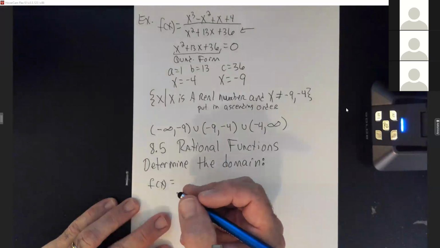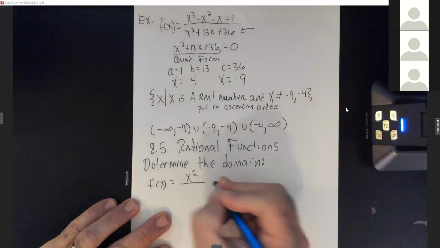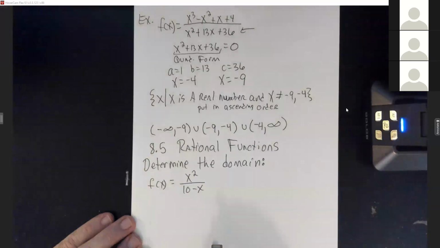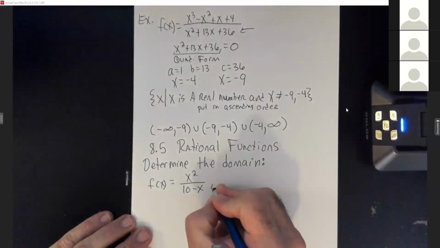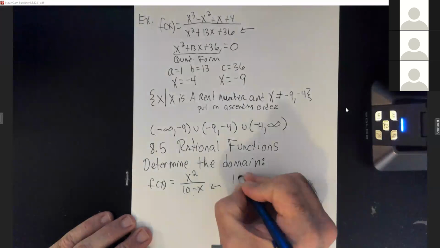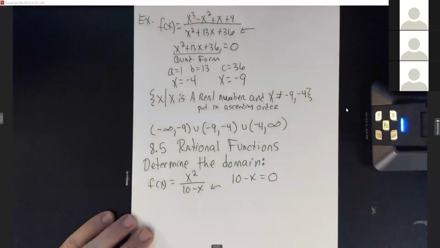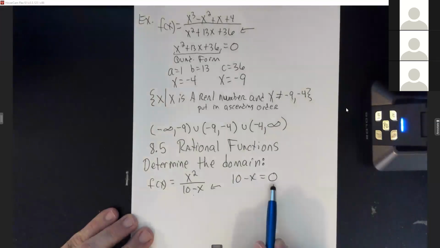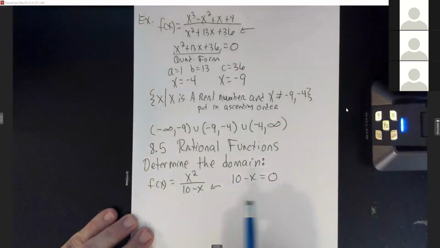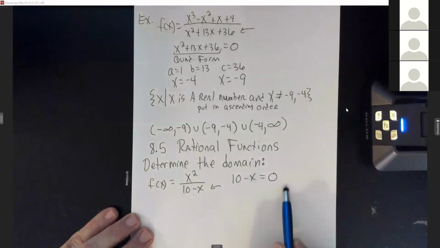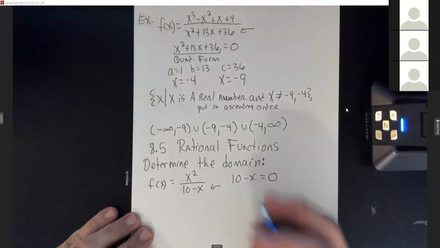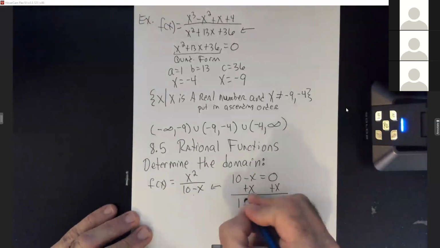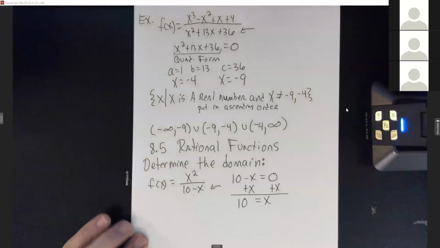Alrighty, so this one I just got an x squared over 10 minus x. So to find the domain, I'm going to set that bottom equal to 0. Now, I'm going to solve this one, but I think to solve this one, I'm just going to add an x to both sides and be done. Now, you could subtract 10 from both sides and then divide by the -1 eventually, but that'll take you 2 steps when we can do this in 1 step by getting our 10 equal to our x.